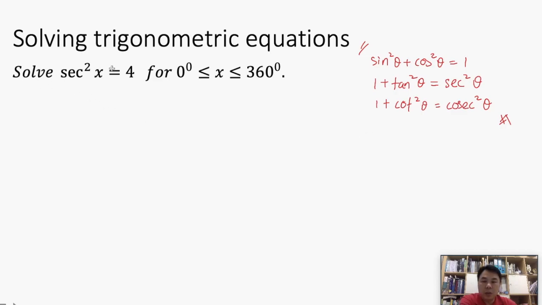Okay, let's look at the question itself. Solve secant square x equal to 4. Right. Solve secant square x. Now if you like to use this, you can actually go ahead, or we can solve it using the reciprocal. So here I'm going to show you two methods.